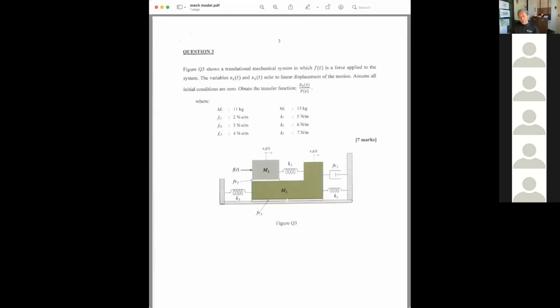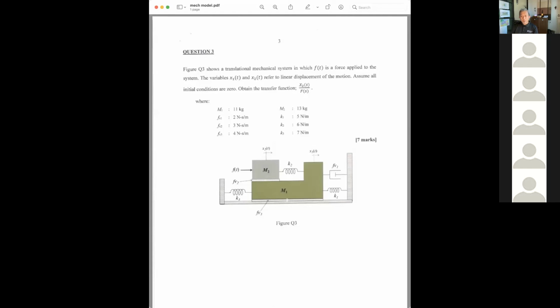Yes, doctor. Can you read the question for me? Figure Q3 shows a translational mechanical system in which F(t) is a force applied to the system. The variables x1(t) and x2(t) refer to linear displacement of the motion. Assume all initial conditions are zero.